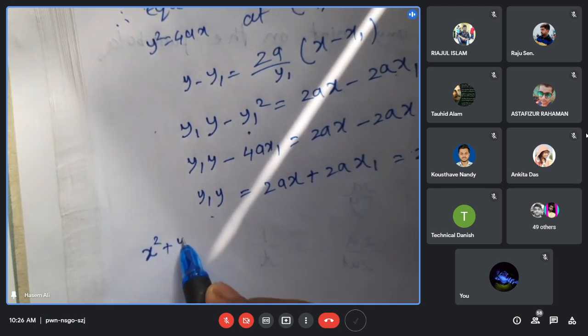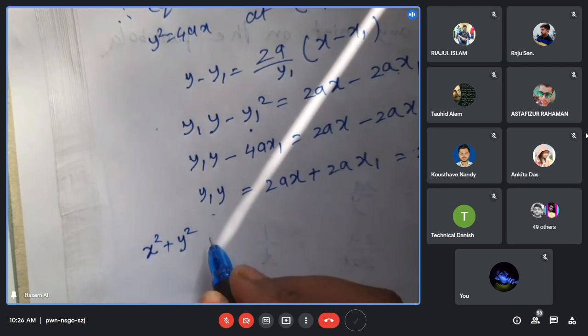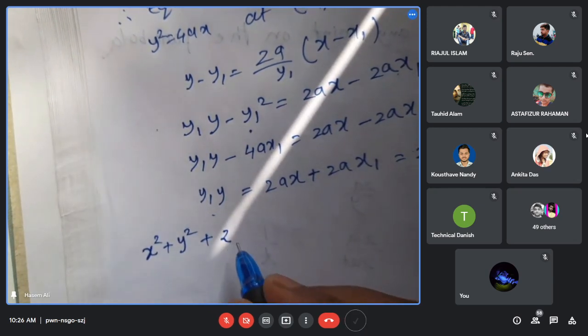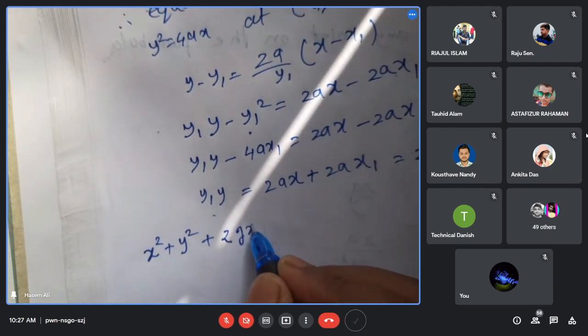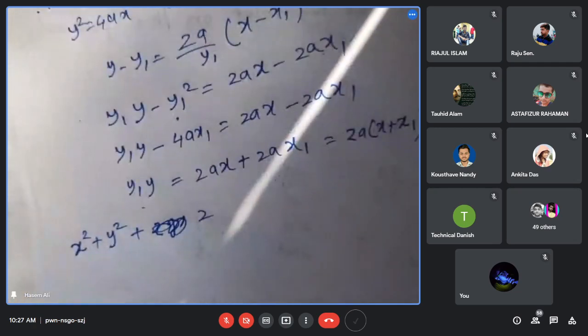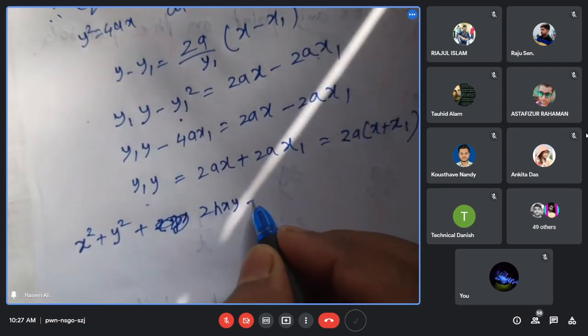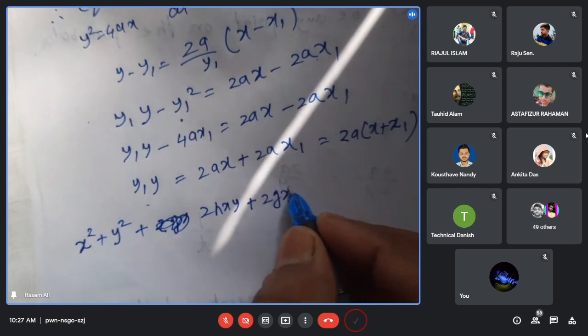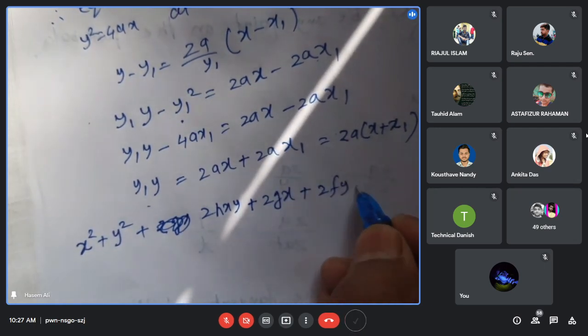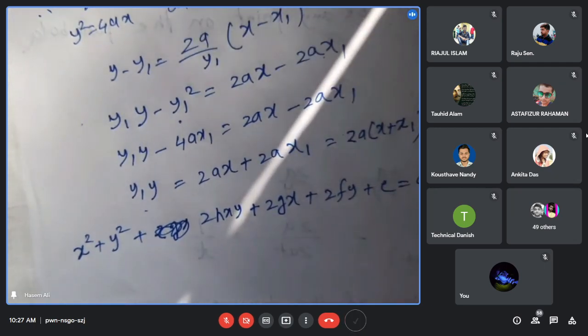The general equation of second degree is ax square plus 2hxy plus by square plus 2gx plus 2fy plus c equals to 0.